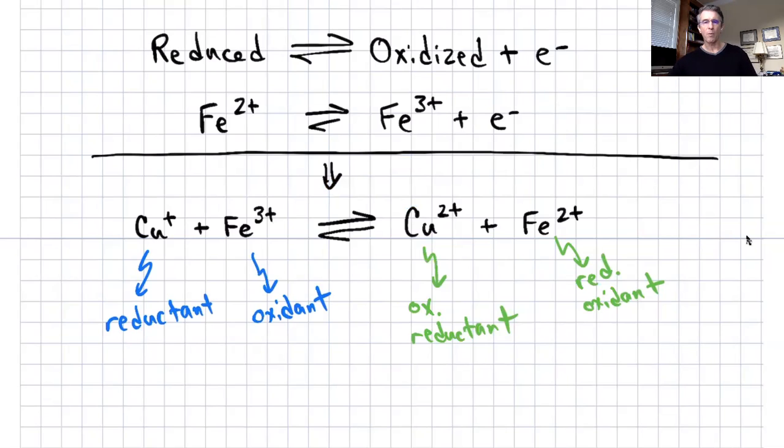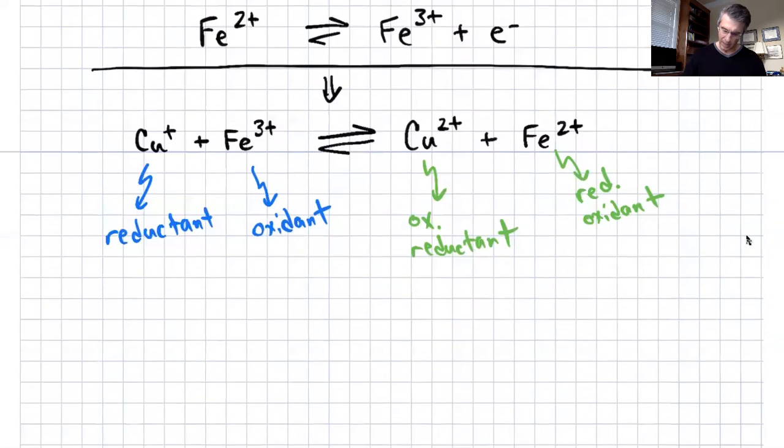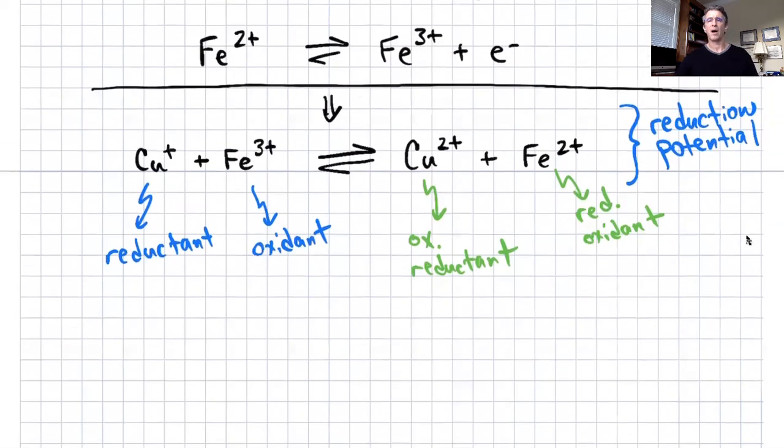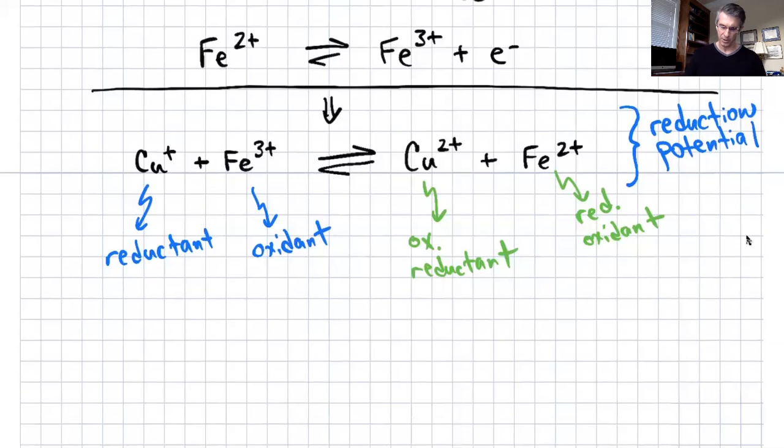What we really want to know about this equilibrium is something known as the reduction potential, which is that tendency of a given reaction, say this iron 2 reaction, to either take up or give up electrons relative to some other redox reaction, say this copper 1, copper 2 reaction. Okay, so that's what we want to try and think about.